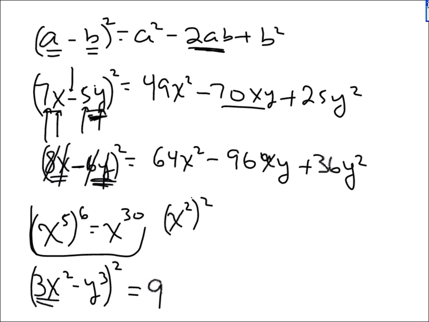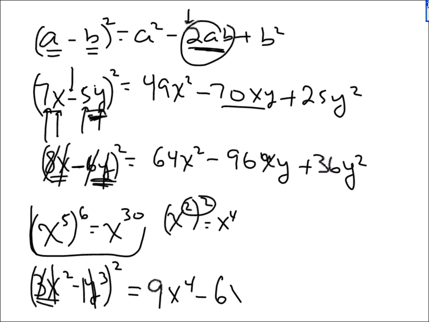You multiply the exponents. So it's 9x to the 4th minus 3 times an understood 1 is 3 times the 2. There's the 2. It's 6 times x squared y cubed plus y cubed all squared. Multiply the exponents, you get y to the 6th. There's the answer.